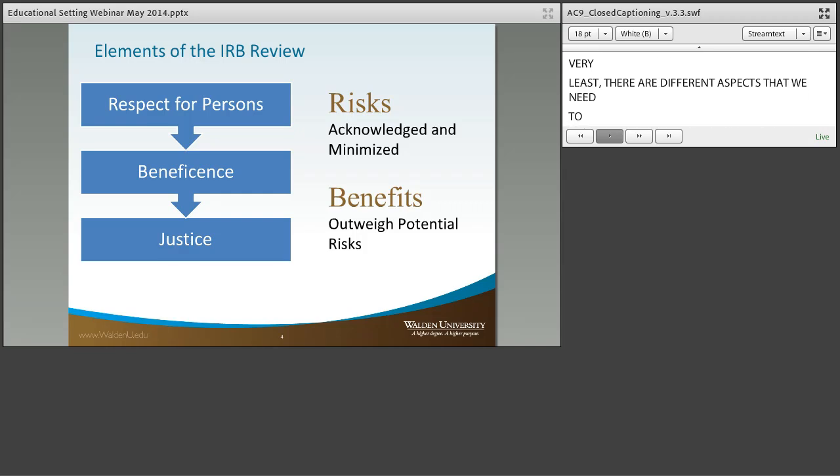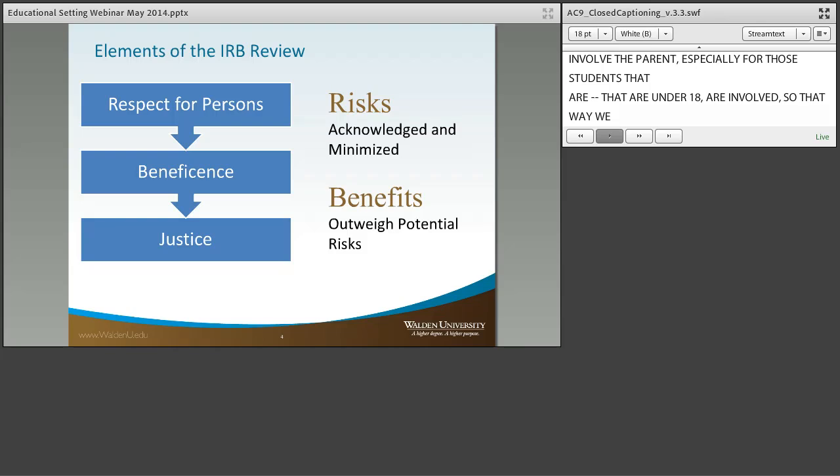And certainly a major part of research is the consent process and making sure that we provide enough information to individuals so that they can make an informed decision about whether or not participating in the study would be in their best interest. And again, specific to student populations is recognizing if the need to involve the parent, especially for those students that are under 18, are involved, so that way we can be sure that again we have those additional protections.